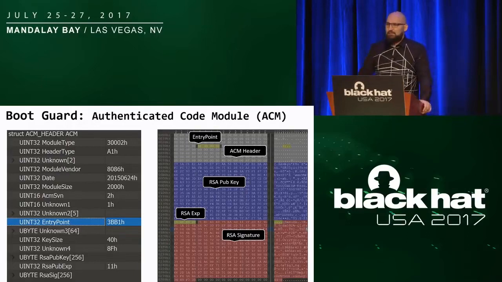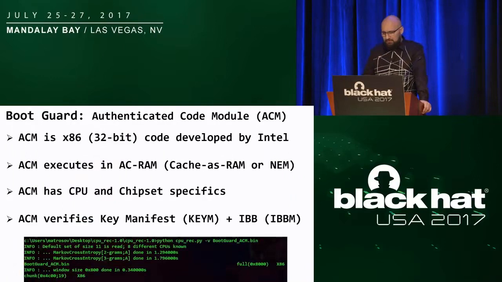I tried to find some Bleichenbacher attacks on this exponent, but it is created properly. So, if this module has an entry point and is x86 code created by Intel, it should be an interesting place to look into.